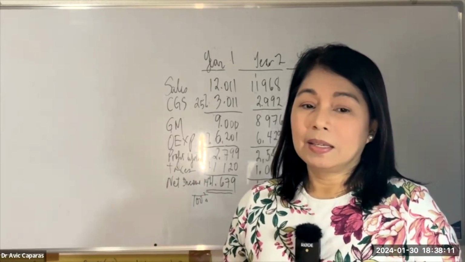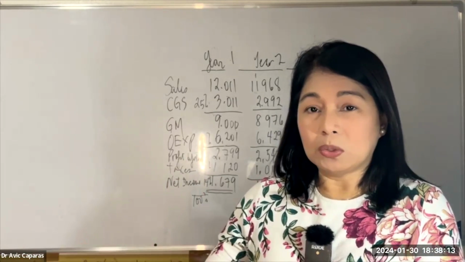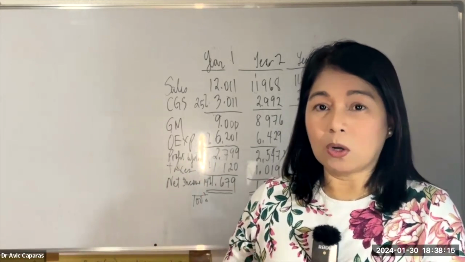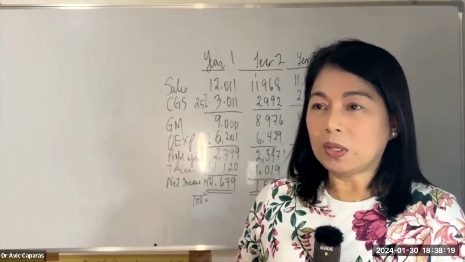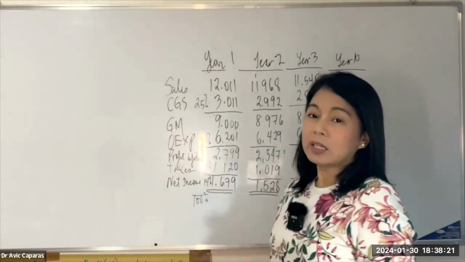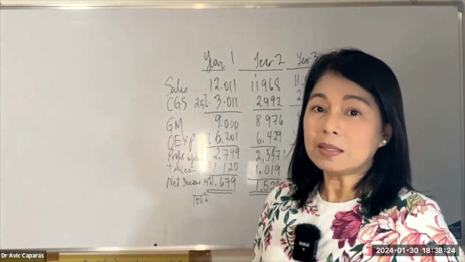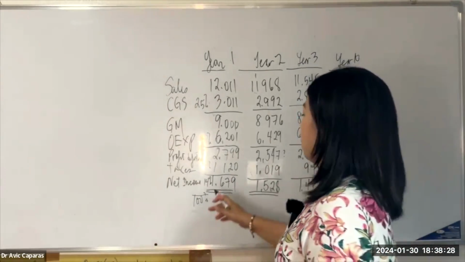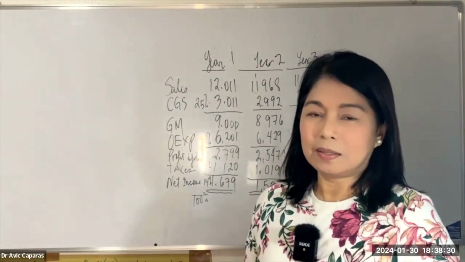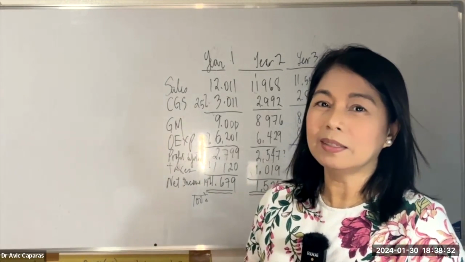25 cents go to cost of goods sold. Like you spend it for the cost of whatever you sell. 25 cents go to that. For the other expenses, 52 cents. For your taxes, 9 cents. For your net income, 14 cents. Is it worth doing business with that?